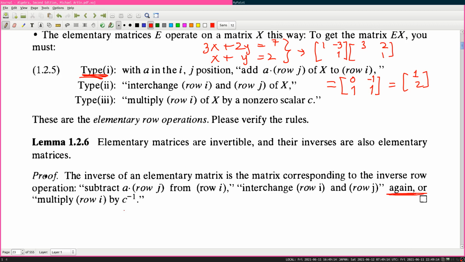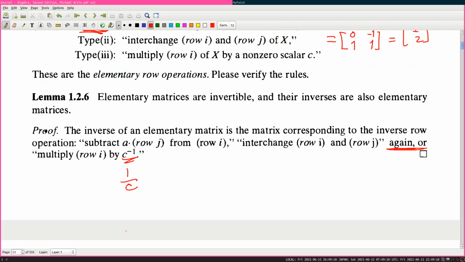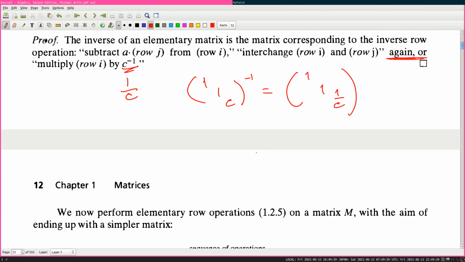And then C inverse means 1 over C. So if you have 1, 1, C, the inverse of this is equal to 1, 1, 1 over C. Yeah, it's the same. Should use the same type of brackets on both sides. Anyway, you get the idea.